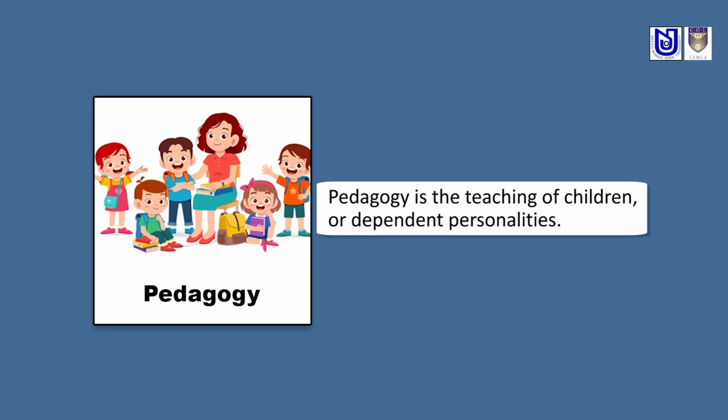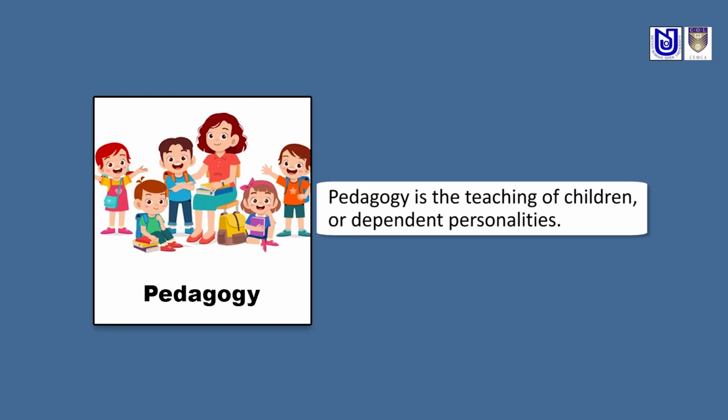While teaching a child who is dependent on someone, be it a teacher when he or she is in the classroom, in the school, or be it in the home under the guidance and supervision of parents or caregivers, that methodology is the teaching of children.